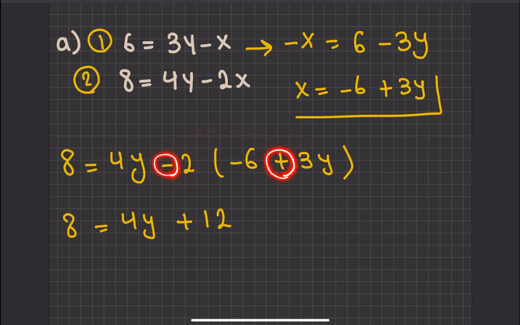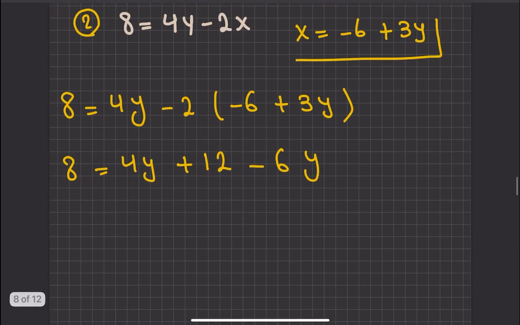Minus times plus becomes minus. 2 times 3 is 6y. So in order to solve this one, I'm going to look for the same variables. So 4y minus 6y is minus 2y, plus 12 equals 8.